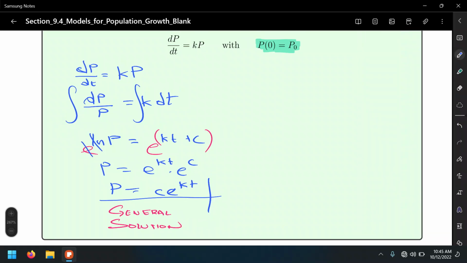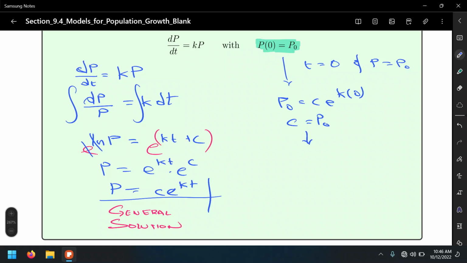Now, we need to use the initial condition here in order to find the particular solution. So using this condition, t equals 0 and P equals P initial. So P initial equals C e to the k times 0. But k times 0 is just 0, and e to the 0 is just 1, and 1 times C, that's C equals P initial.